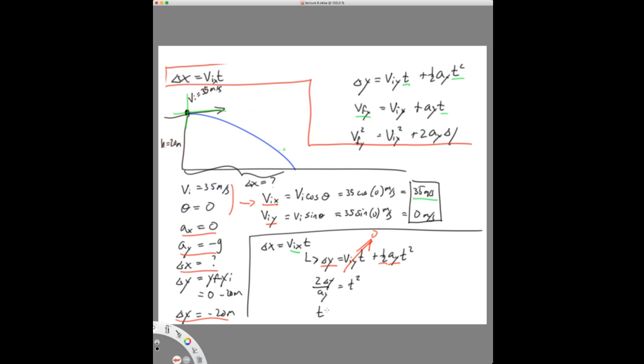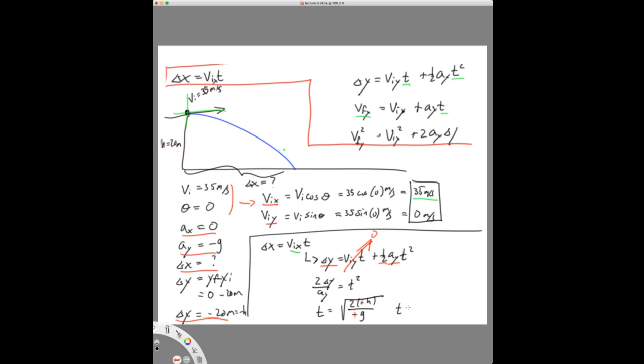So T would be the square root of 2 delta Y over AY. And I'm going to do a funny thing here. The delta Y, we could call this minus H, and AY, we can call that minus G. And when I do that, I can now see that those minus signs are just going to cancel out.